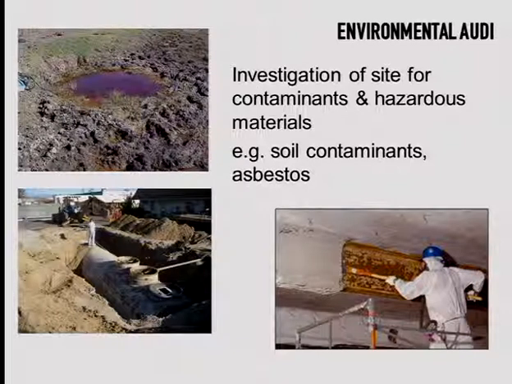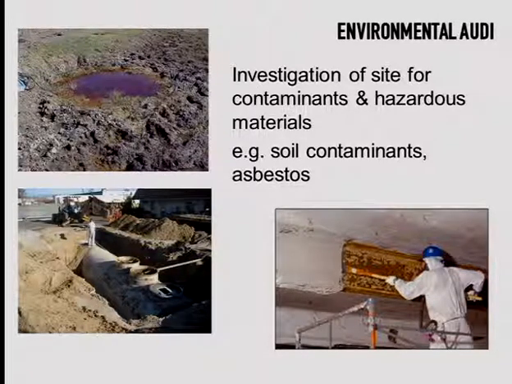Does anyone know what this is? What's this guy doing? Yeah. Steel performs really poorly in fire. So you need to protect it, and the way they used to protect it was spray it with asbestos.